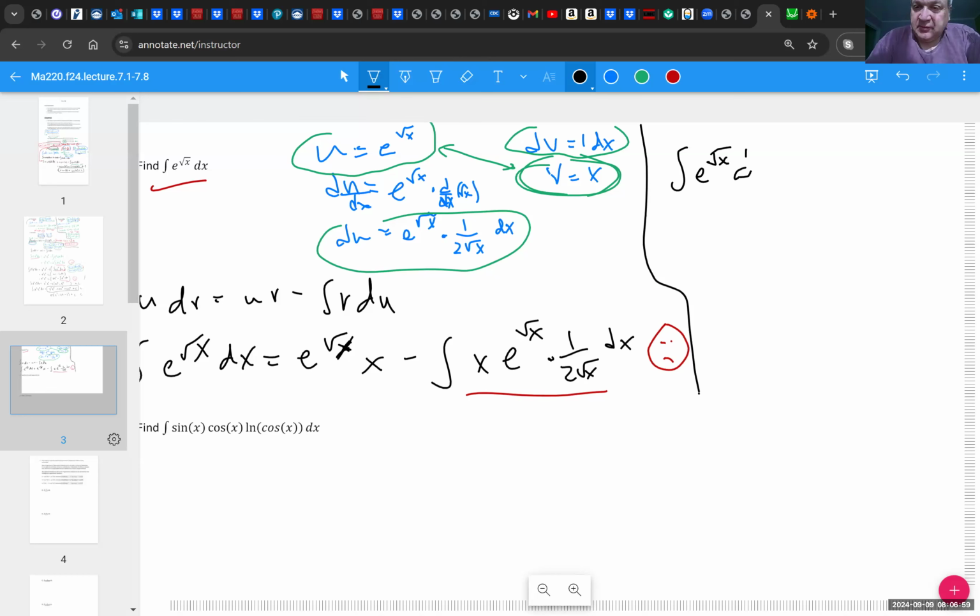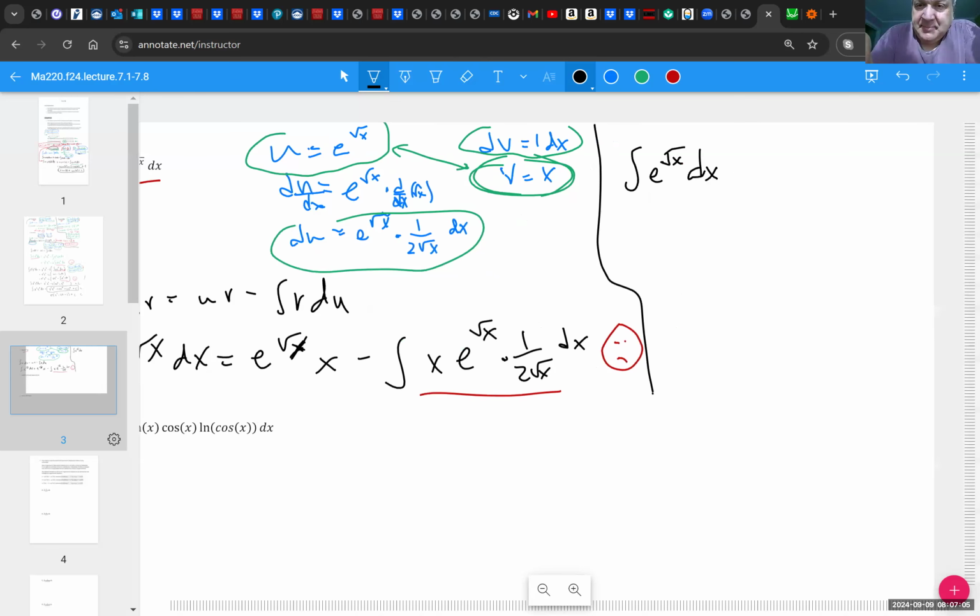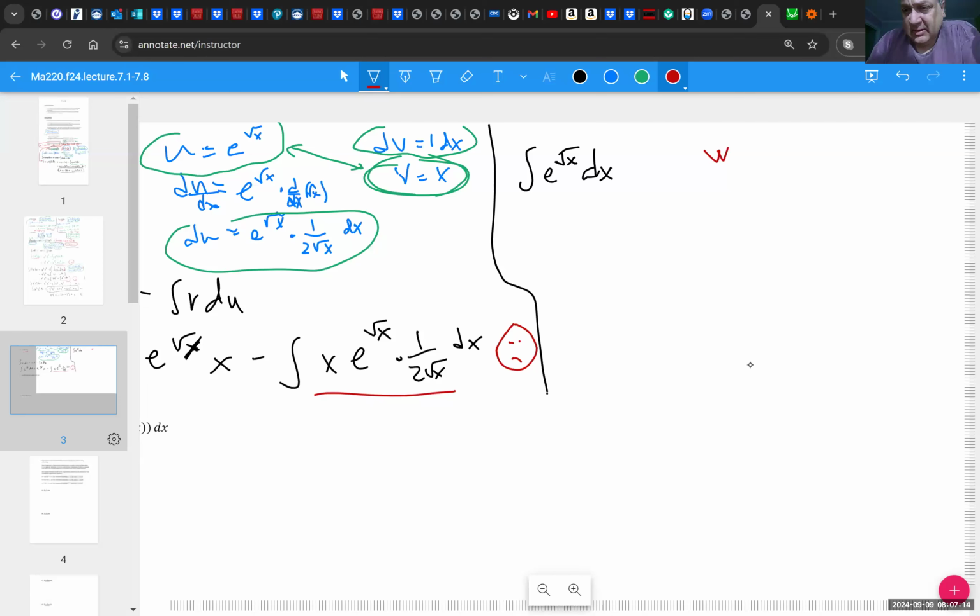With the u substitution, I'm going to let u be something which is not easy to integrate. I'm actually going to use the letter w because the u and the dv are going to get confusing with the integration by parts. So I'm going to do w substitution, if that's okay. It's just using a letter. So w is equal to square root of x. And then I need to find dw to be able to complete my substitution.